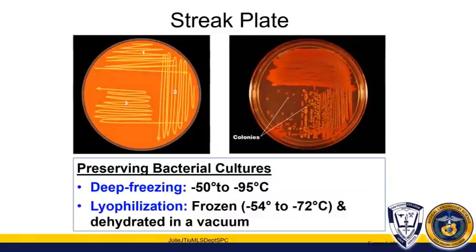In clinical bacteriology, we inoculate specimens onto a culture medium by way of the streaking method. And we streak for the purpose of isolating the organisms. We streak to isolate. So remember that phrase.